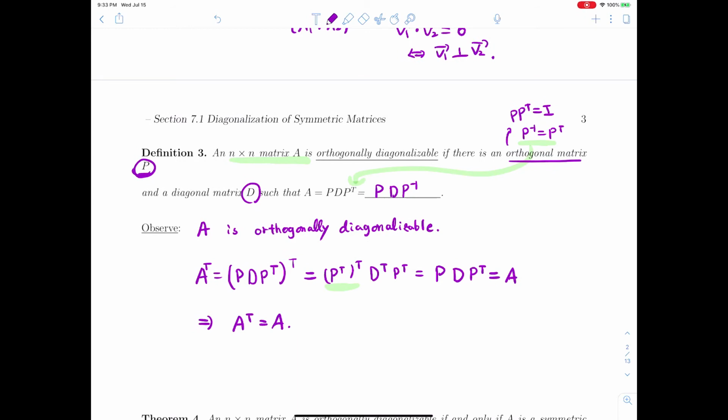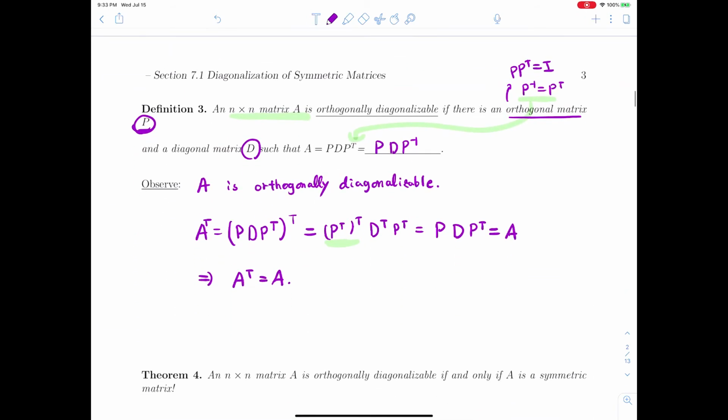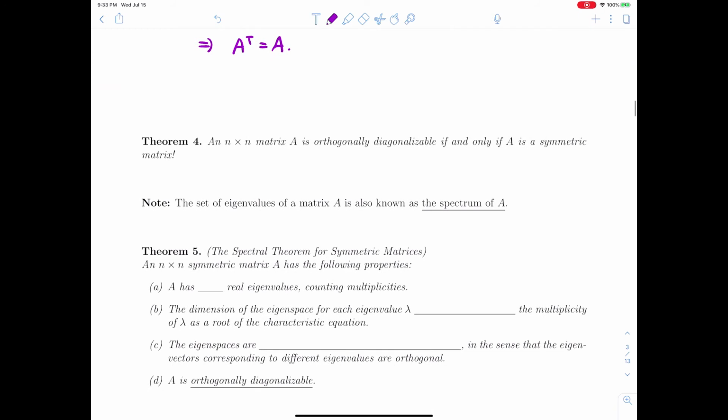If you combine this observation with the theorem above, theorem 2, then you can tell that an n by n matrix A is orthogonally diagonalizable if and only if A is a symmetric matrix. We call the set of eigenvalues of the matrix A the spectrum of the given matrix. This is one of the most important theorems in this section.